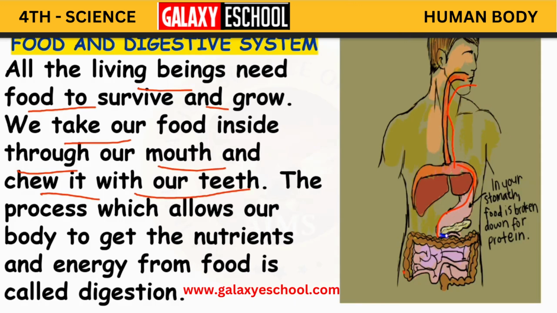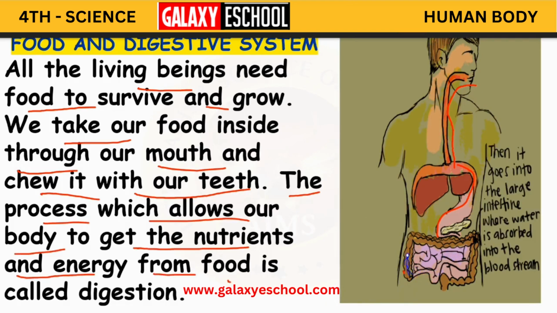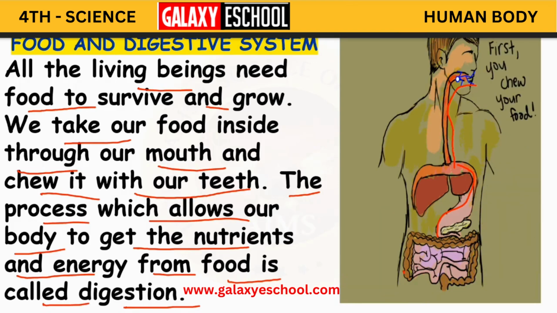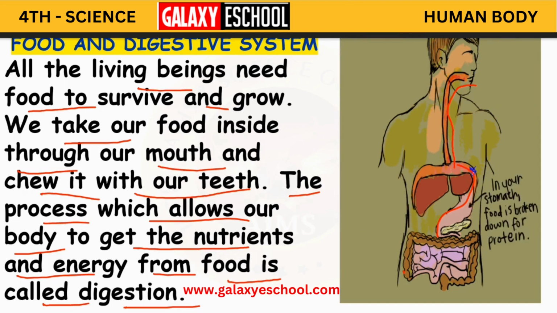With our teeth. Okay. And the process which allows our body to get the nutrients and energy from food is called digestion. So what is digestion children? So when we eat food, that food is going to enter into our body and is going to get the nutrients and also the energy from the food.